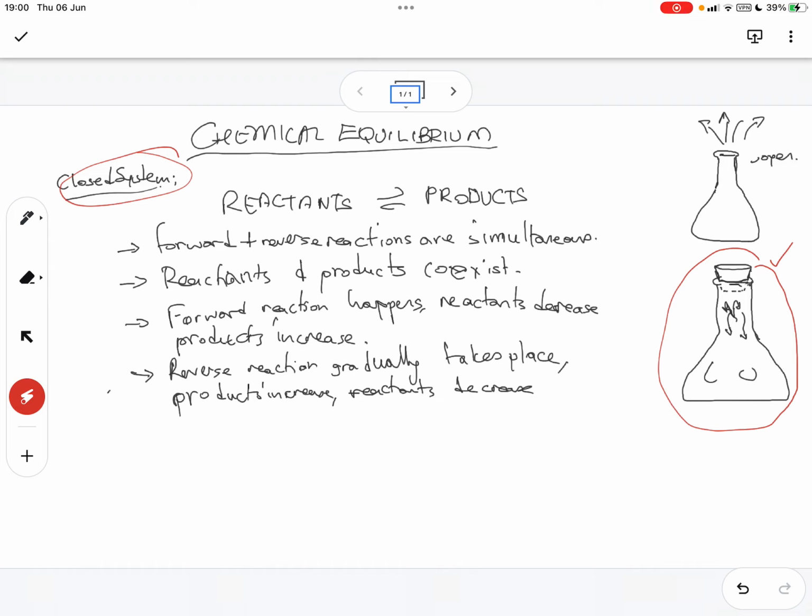Once the concentrations of the reactants decrease to a certain point, and the concentrations of the products increase to a certain point, there is a point where those two coincide, and at that point the rate at which the reactants form the product is the same as the rate at which the products form the reactants. In other words, the forward reaction rate is the same as the reverse reaction rate.